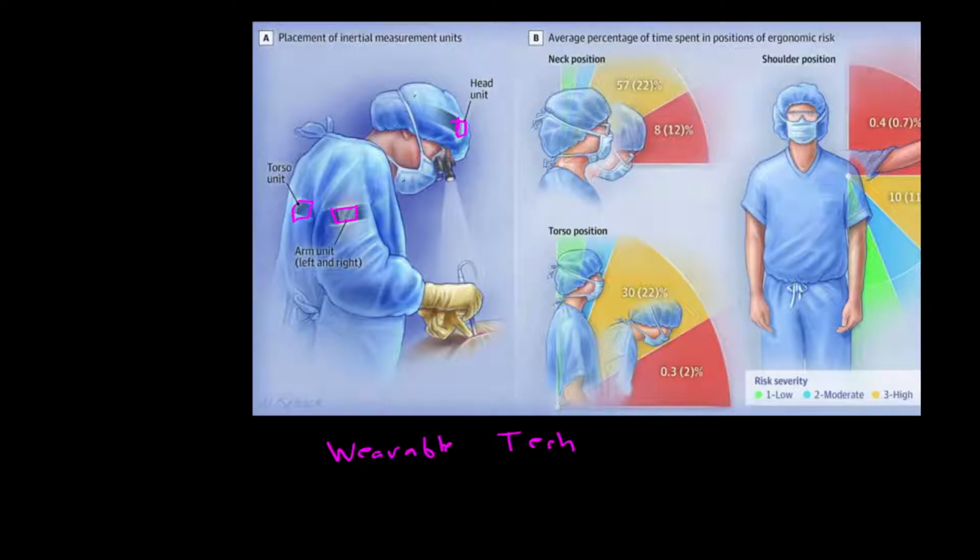By measuring the orientation of the device, which uses acceleration, angular rotation, and the orientation of gravity to do that, you can measure kinematics outside of the lab, meaning just with these devices alone.